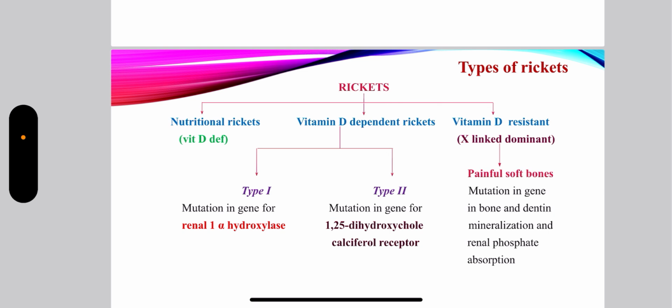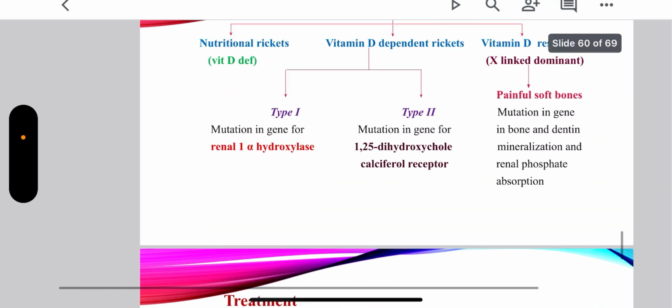It differs from most cases of rickets in that intake of vitamin D doesn't cause any improvement. Males and females are both affected, though males have less severe skeletal changes as compared to females.